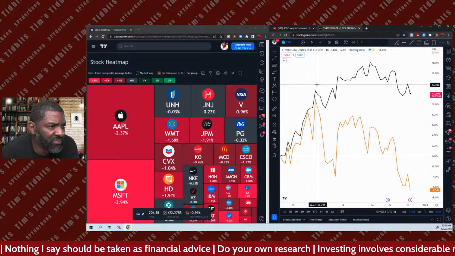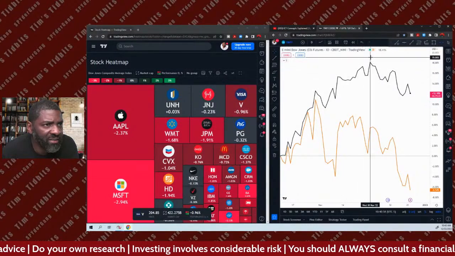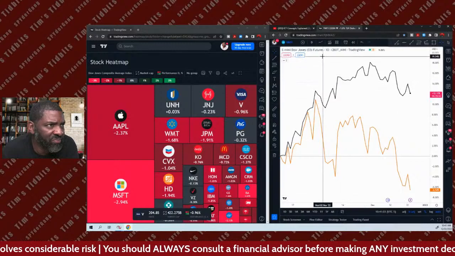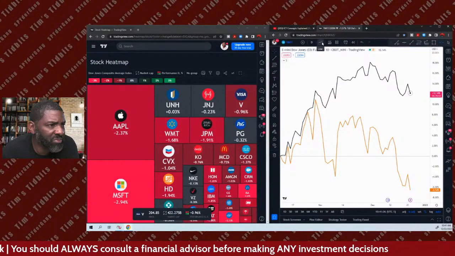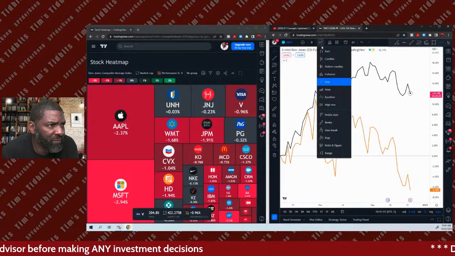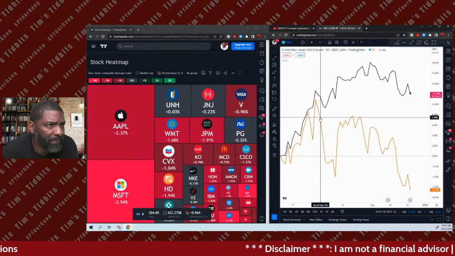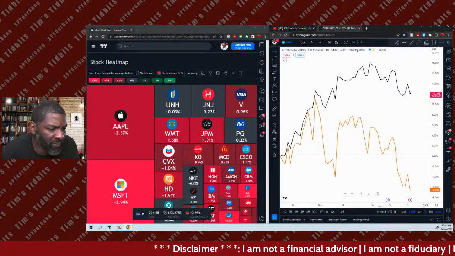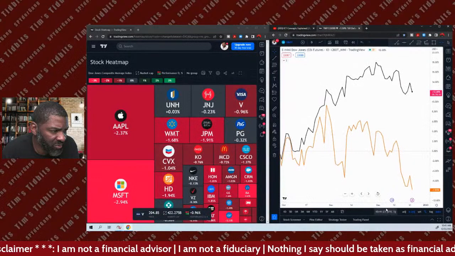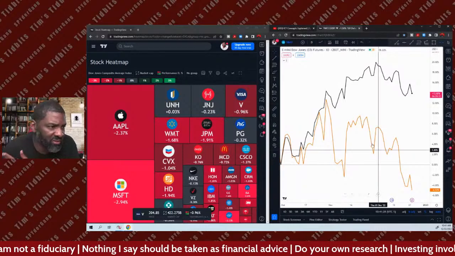Okay, so the Dow made a high, another high, another high, another high, another high, came down, made a low, made a low. Okay, so let's compare. Let's look at October, November, December, so we go three months back.